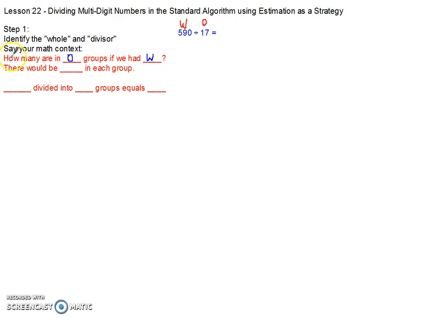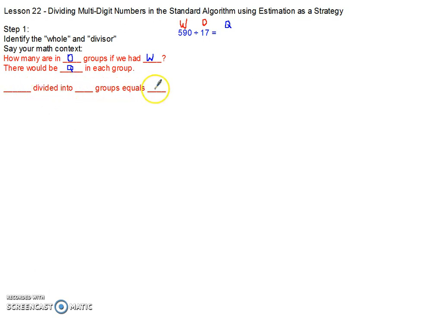So this would look something like, how many are in 17 groups if we had 590 things? Your quotient, which is your answer, would come in the corresponding sentence to answer the question. There would be blank, which is our quotient, in each group.